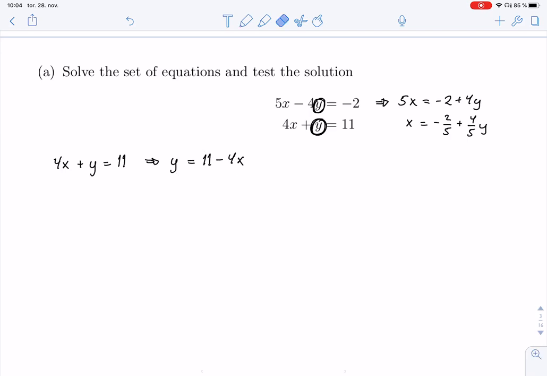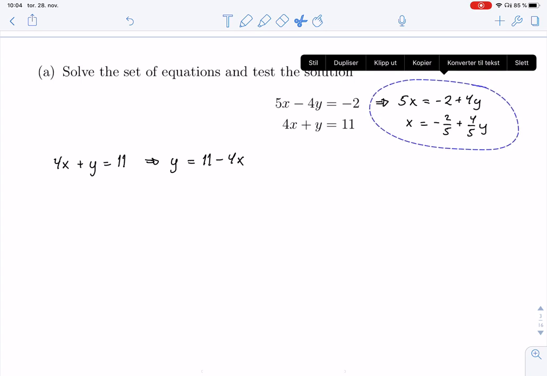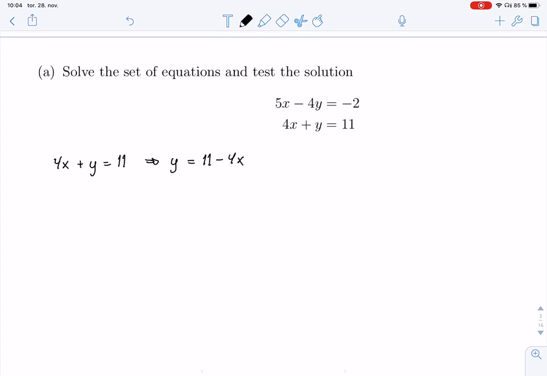And that's simpler than taking the expression here for x into the second, simply because these numbers are easier to work with than these, but you do what you want. It will give you the same results.